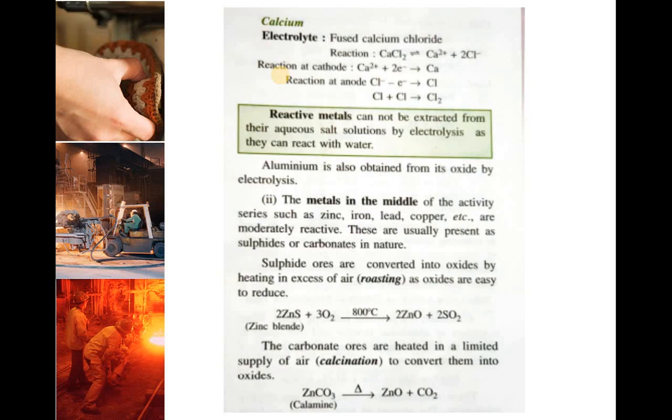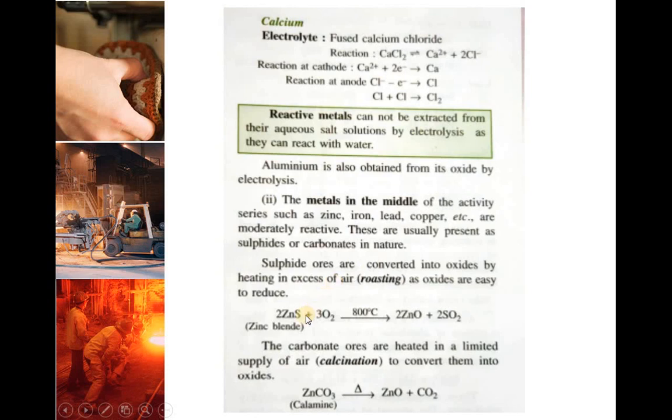So, reactive metals cannot be extracted from their aqueous solutions by electrolysis, as they can react with water. Aluminium is obtained from its oxide by electrolysis. Metals in the middle of the reactivity series, zinc, iron, lead, copper, etc., are moderately reactive.